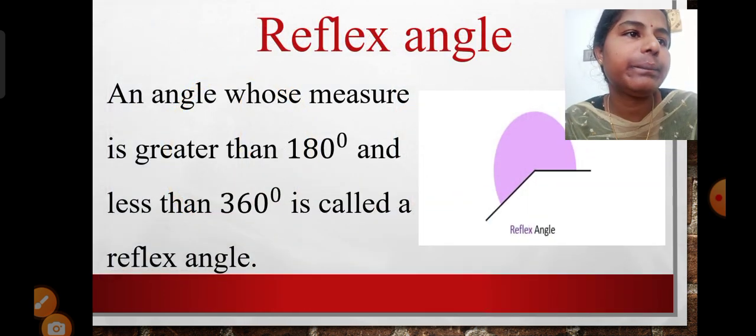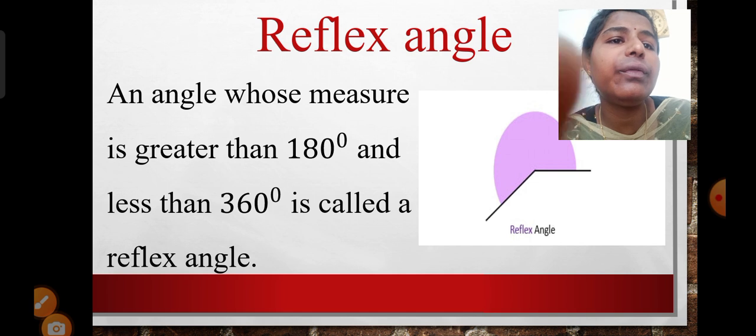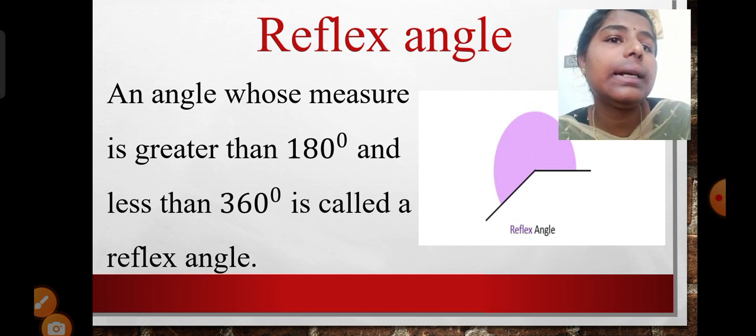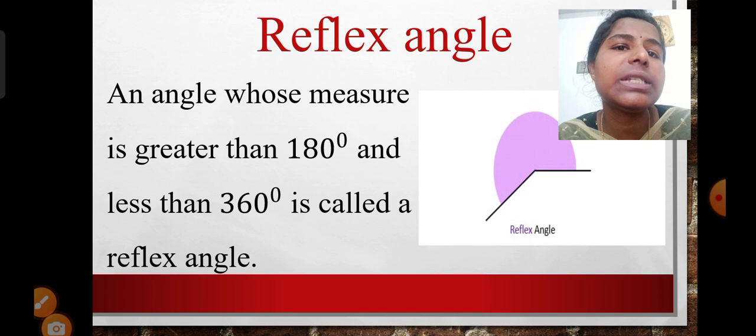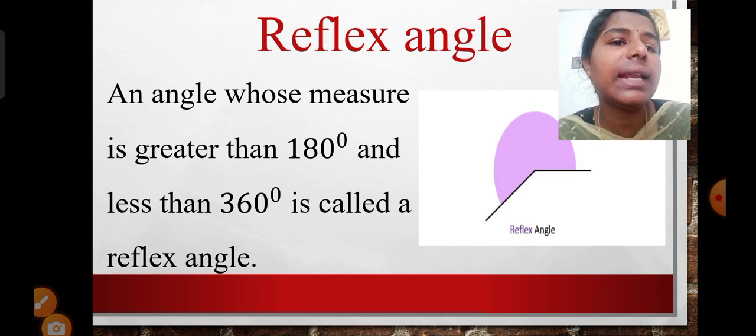Then next one, the last, is reflex angle. See the definition: an angle whose measure is greater than 180 degrees and less than 360 degrees is called a reflex angle.